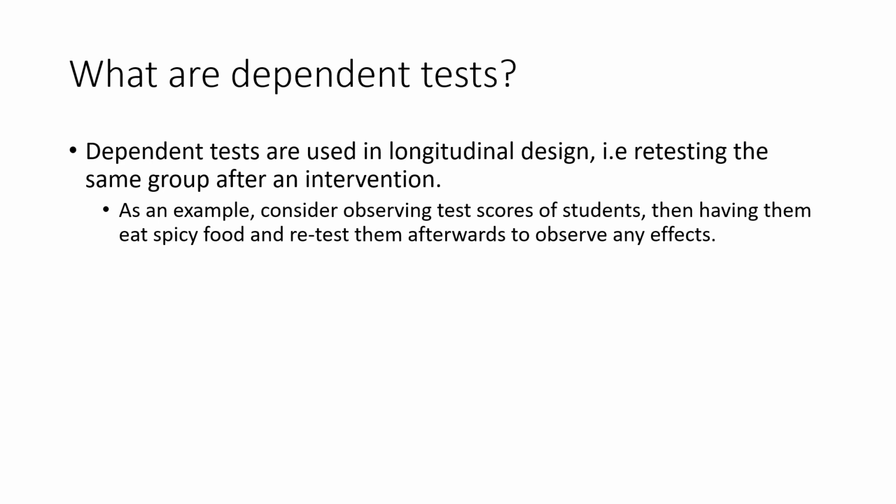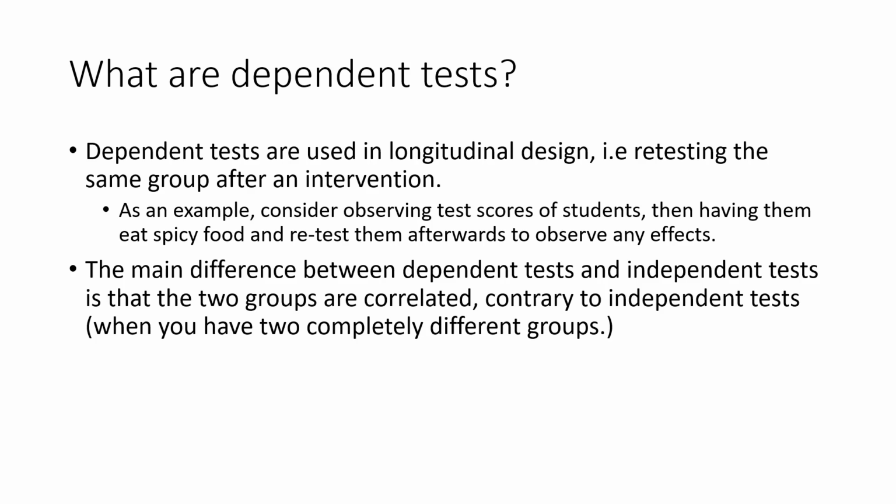This is a dependent test because you're using the exact same group of people, or the exact same group of whatever the case is. Contrary to independent tests, where you would have two completely different groups, i.e. independent. The main concern with dependent tests versus independent is that if you apply an independent test to a design that is dependent, then your variance estimates will be a little weird because they do not account for the correlation.